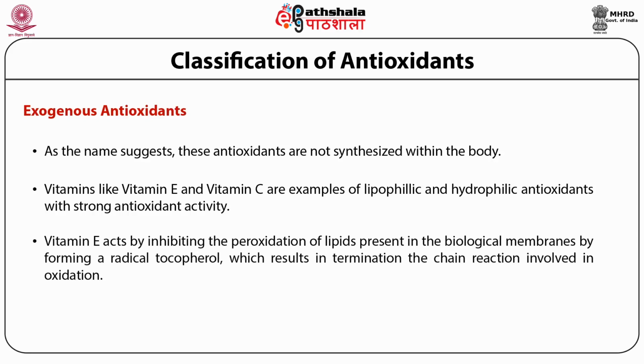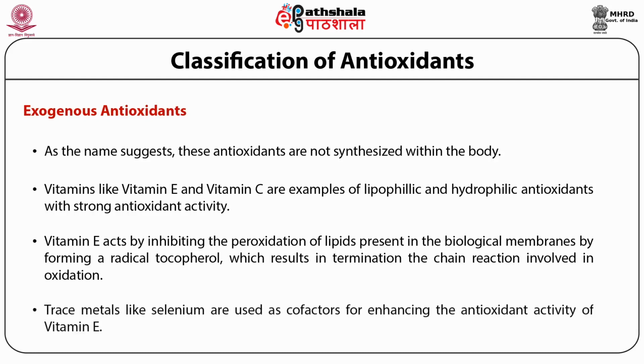Vitamin E acts by inhibiting the peroxidation of lipids present in the biological membranes by forming a radical tocopherol, which results in termination of the chain reaction involved in the process of oxidation. Trace metals like selenium are used as cofactors for enhancing the antioxidant activity of vitamin E.